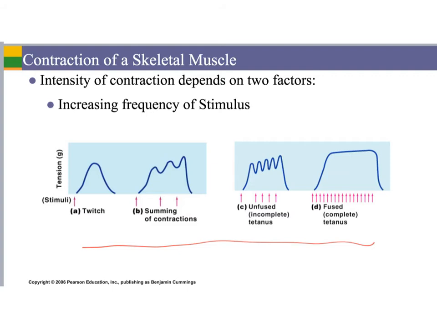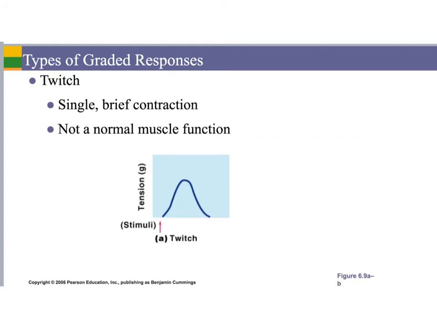So this first one is just a single brief contraction of a single muscle fiber. And so this is just a twitch. We call this a muscle twitch. And this is not a twitch like you get when you have a twitch in your eye or something. When you have a twitch in your eye, you can feel a twitch in your facial nerves.